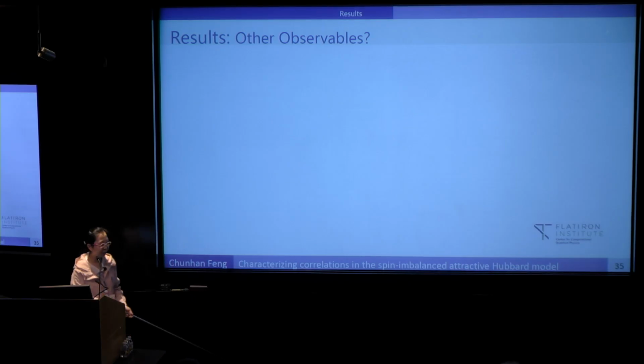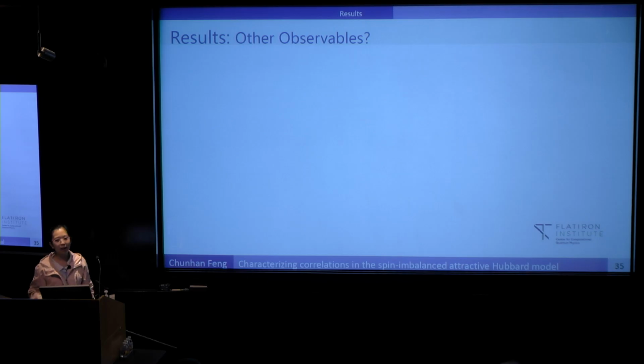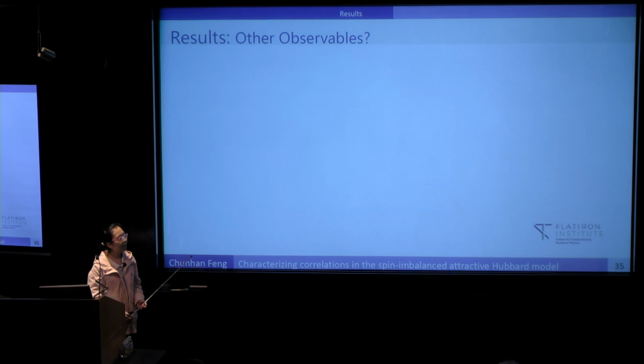So now we have discussed lots of interesting properties of such a spin-imbalanced system. Another useful question to think about is whether there are other observables we can measure in the experiment to detect such an FFLO order. In the repulsive case, when there are AFM stripes, we also see some charge modulations.